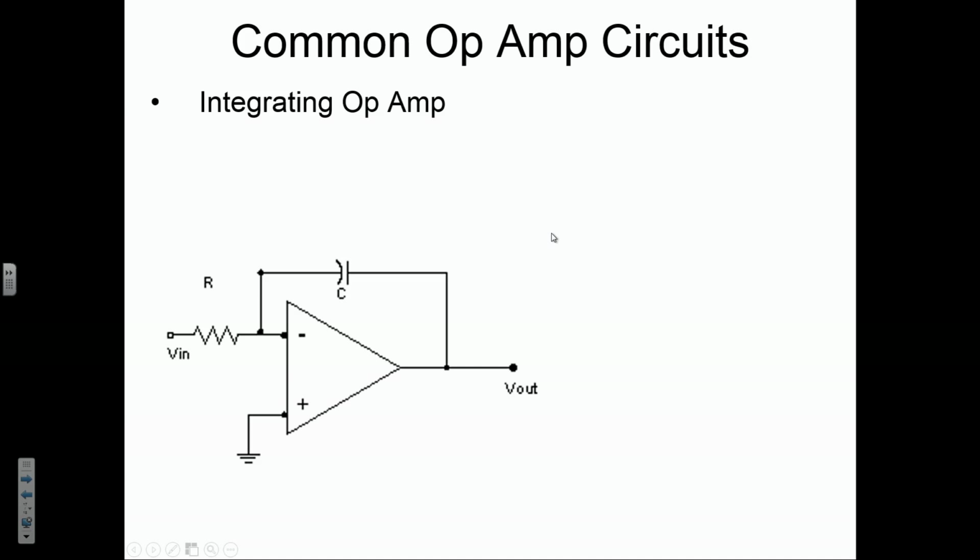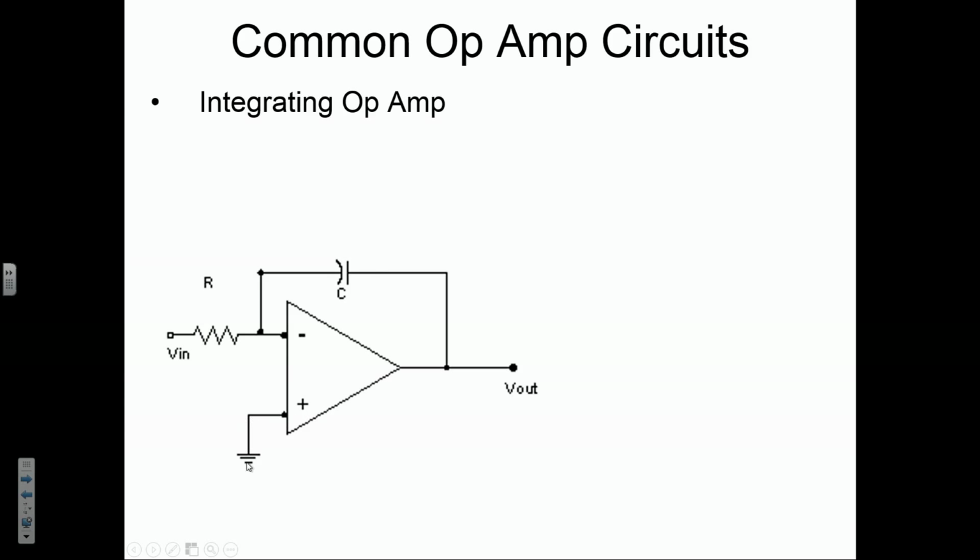Okay, we have a couple more to look at. This one is called an integrating op-amp, and it looks like an inverting op-amp, kind of, sort of, except that we've got a capacitor here in place of R2. We've got one resistor, one capacitor.